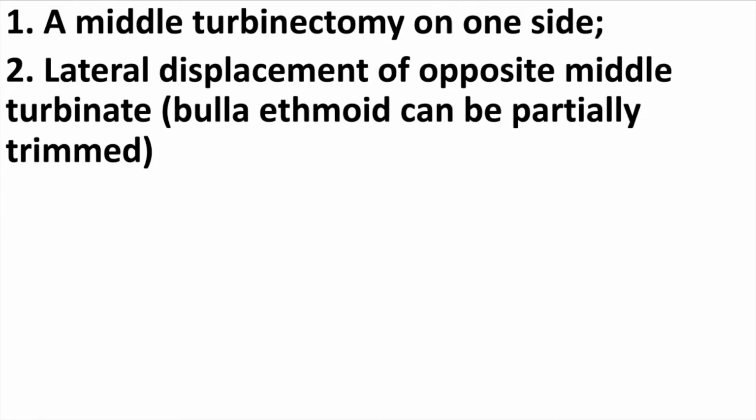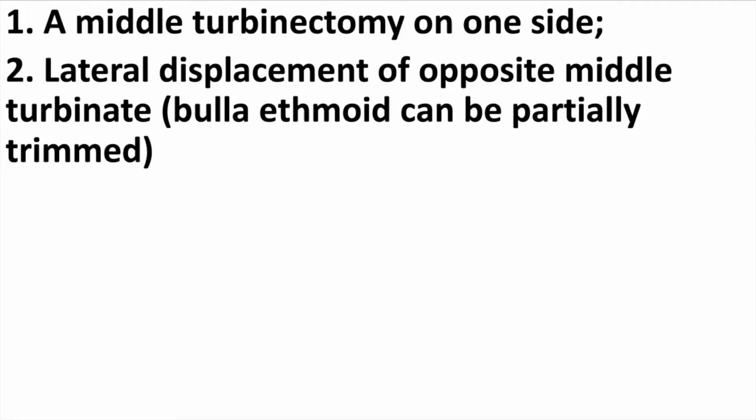So in the procedure, middle turbinectomy can be performed, especially if you plan an extended approach because you need more space. So on one side, a middle turbinectomy is performed. On the opposite side, you displace the middle turbinate laterally. At times, the bulla ethmoidalis may be very prominent, so that does not allow the lateral displacement.